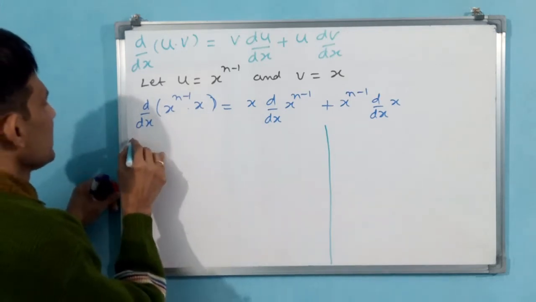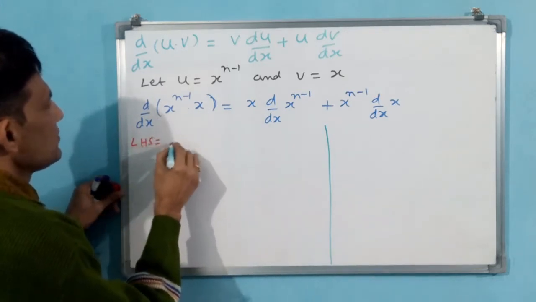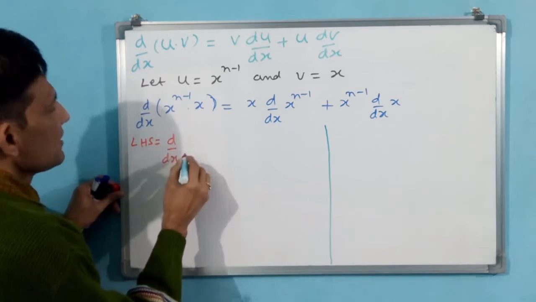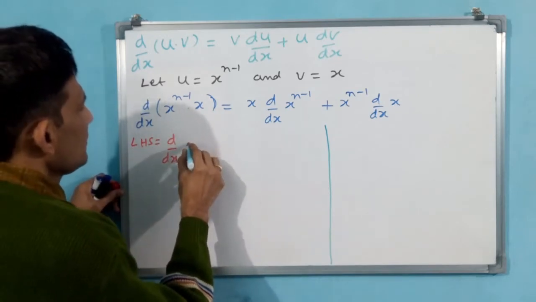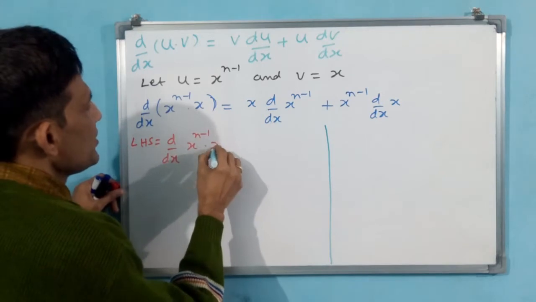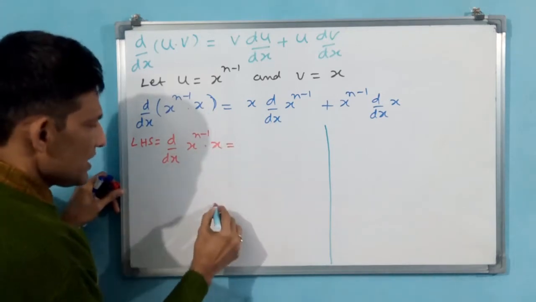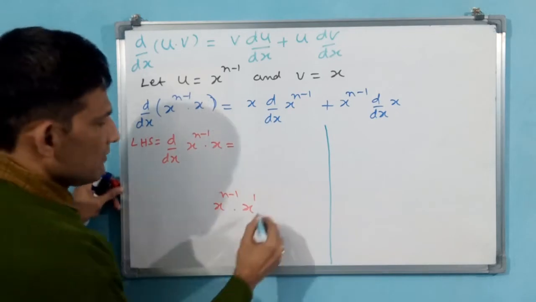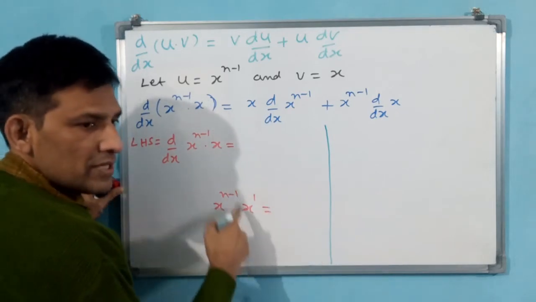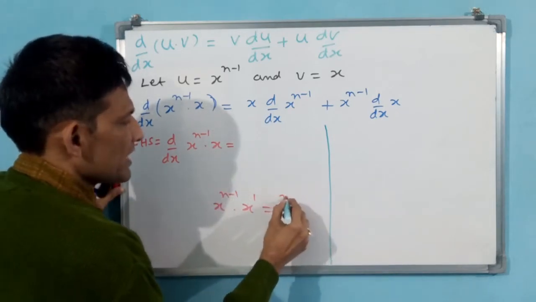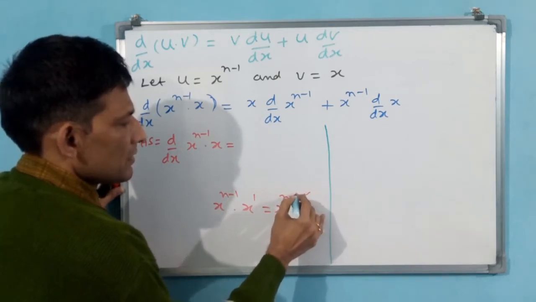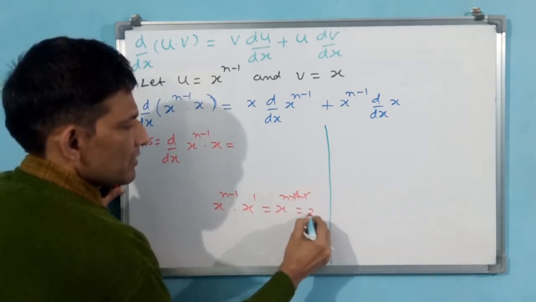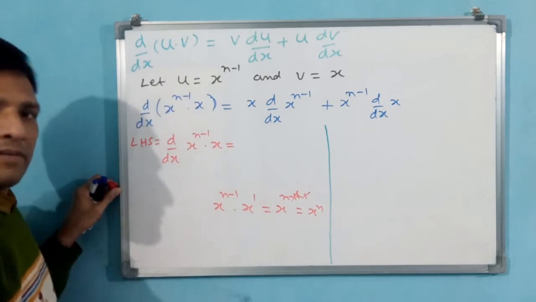LHS is equal to d by dx of x power n minus 1 into x. Here, x power n minus 1 into x power 1. Bases are same, so powers you can add: x power n minus 1 plus 1, x power n will come. Is it okay? Definitely okay.